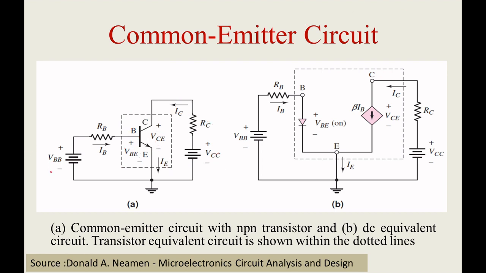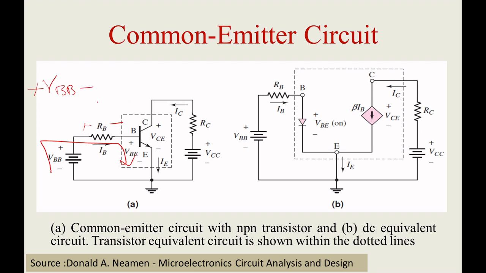When you apply KVL in the input side, what will we get? Kirchhoff's voltage law: plus VBB, entering at a plus, leaving at a minus. Why? Because this is a passive element, the polarity is not fixed; it is a polarity we assume. So I am considering entering at a plus, leaving at a minus, and I take the minus for my equation.